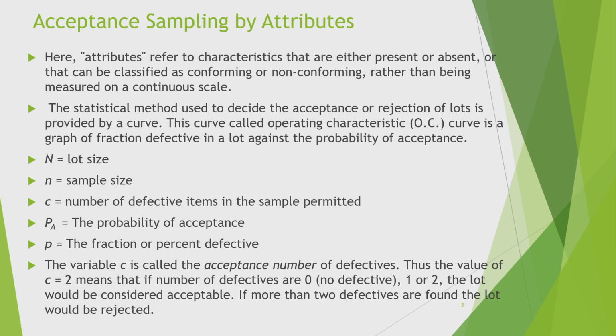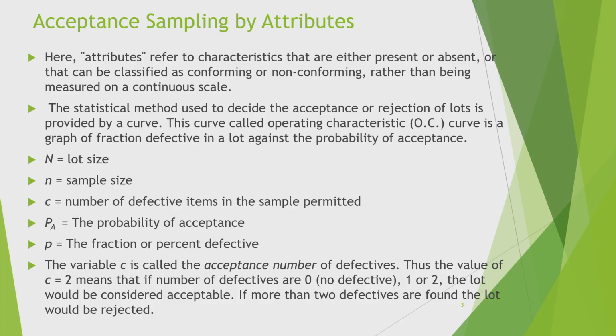Here attributes refer to characteristics that are either present or absent, or that can be classified as conforming or non-conforming, rather than being measured on a continuous scale. For example, suppose you have taken some items and you just decide whether each is defective or not defective.